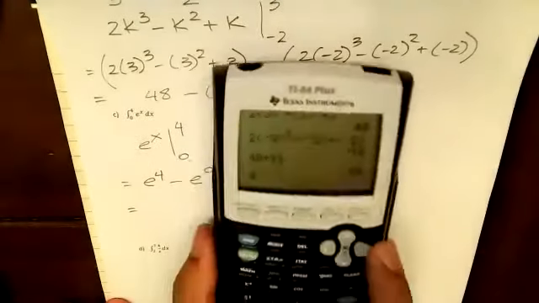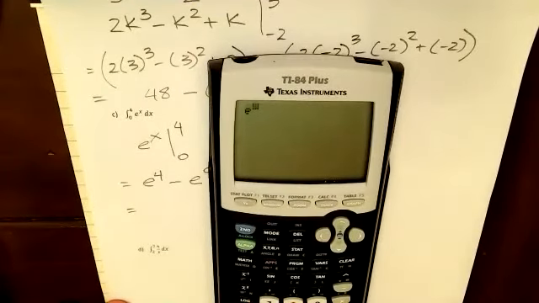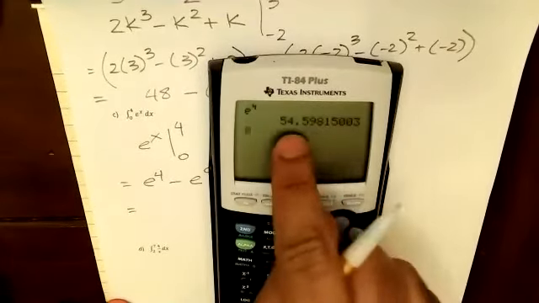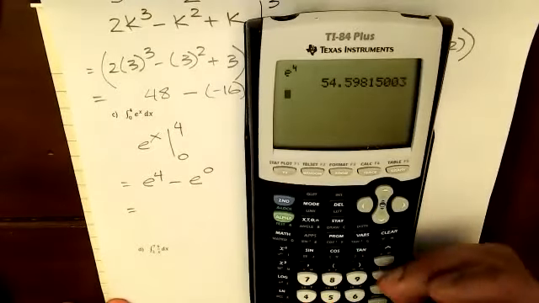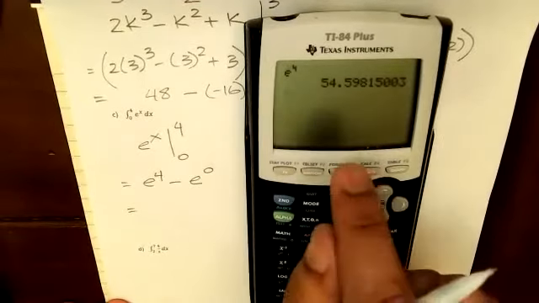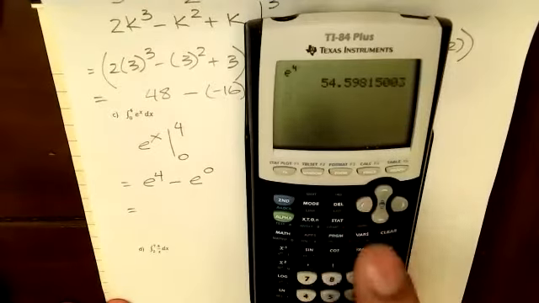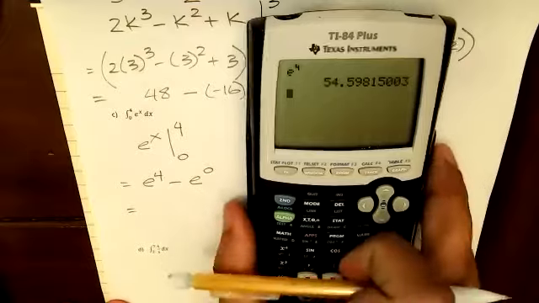All right, if I plug in e to the power 4, so I'm going to do second ln, and then 4, that's going to give me a decimal number. Okay? Now, you can write that number down, but chances are on the homework, it's going to ask you for the exact value, okay?